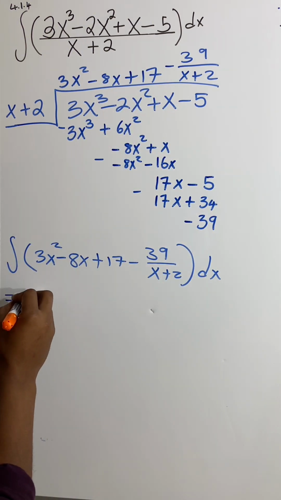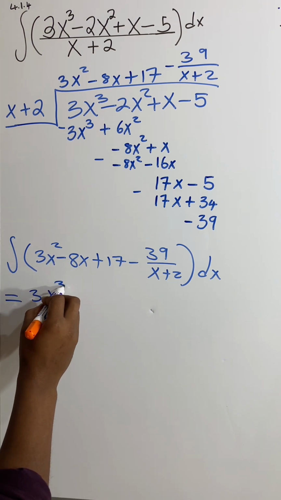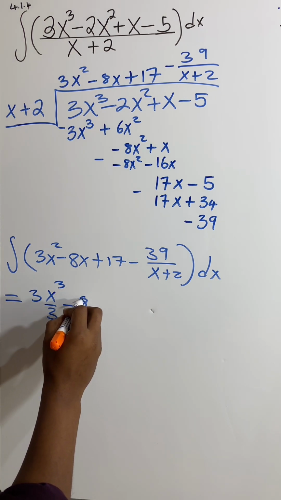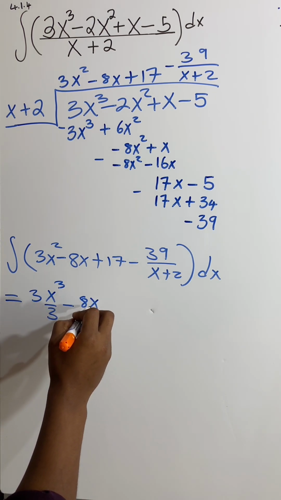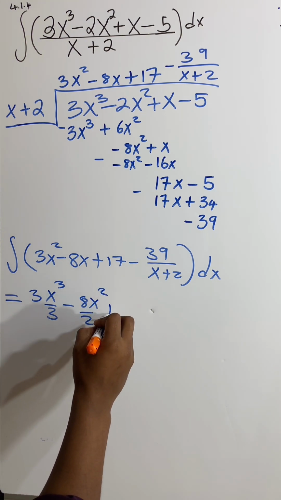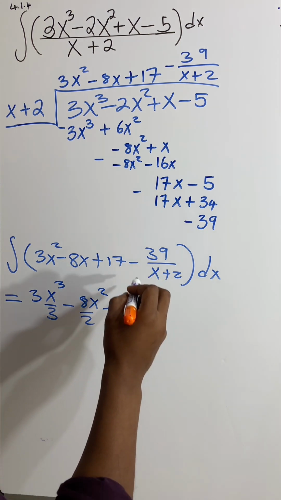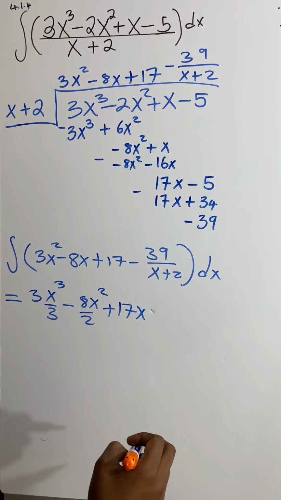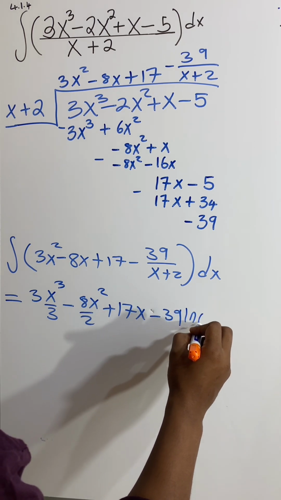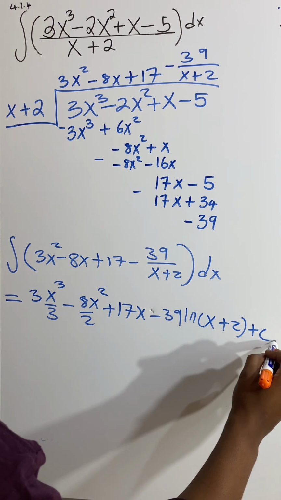So when we integrate 3x squared, we get 3x cubed over 3. Integrating negative 8x, we get negative 8x squared over 2, and integrating the 17, we get 17x. Integrating negative 39 over x plus 2, we get negative 39 ln of x plus 2 plus c.